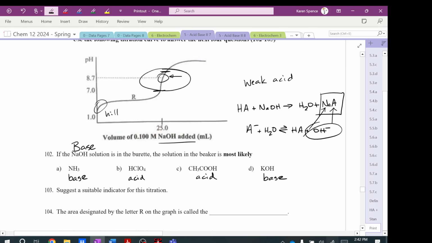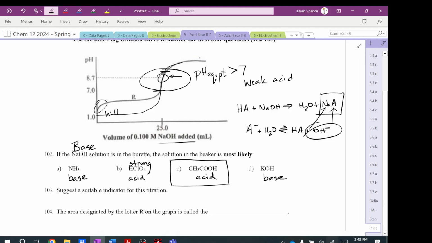We see that the pH at the equivalence point is greater than 7. And so it is most likely a weak acid. Well, it has to be a weak acid, and that one's weak. This one is strong. It would start lower and it would go like this. Yeah? If it were a strong acid.